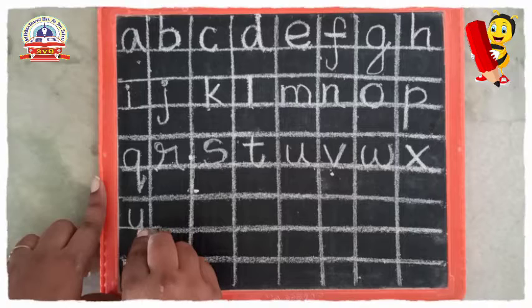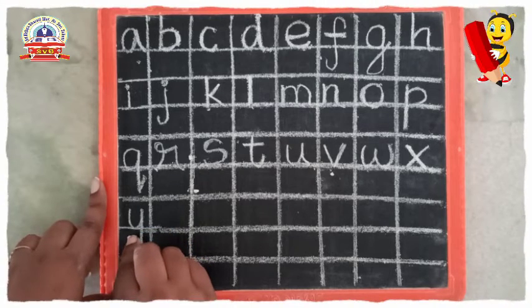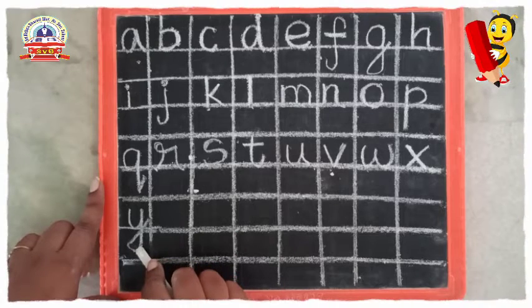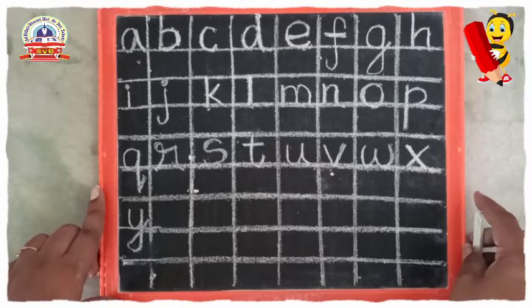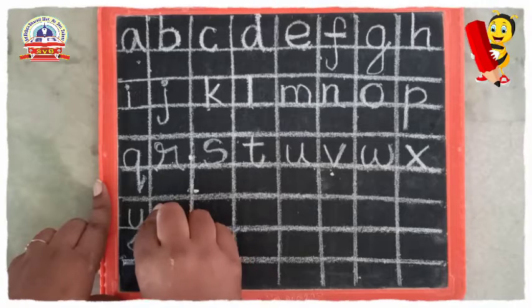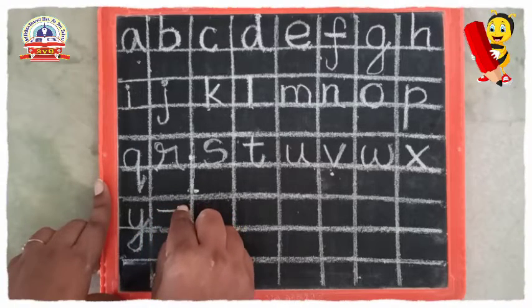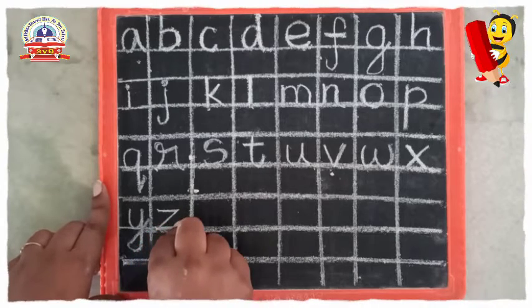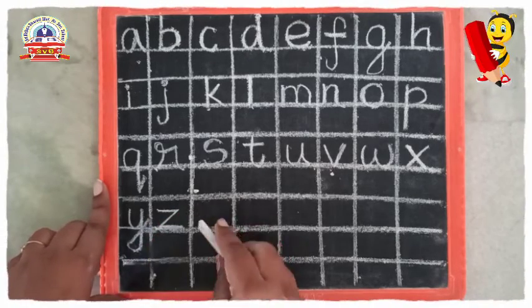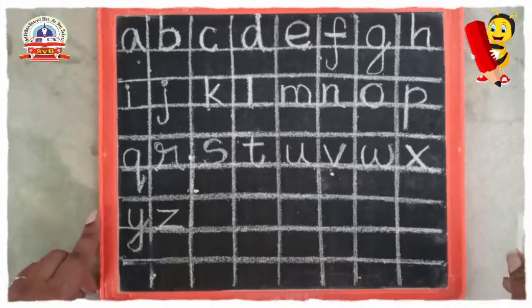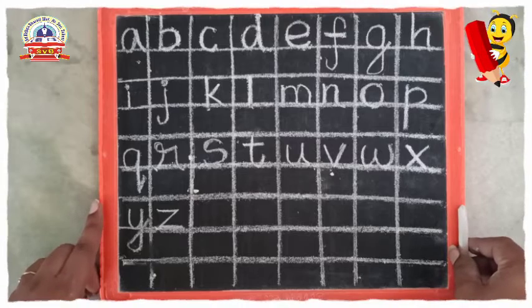Then standing line comes down and then curve goes up. This is E. The next sound is Iz. Sleeping line in the middle, right slanting should touch the ending line, then sleeping line on the line. This is Iz.